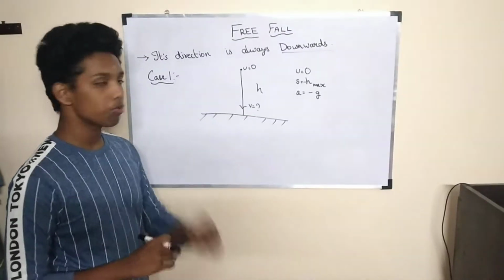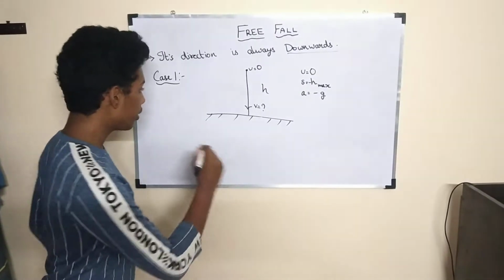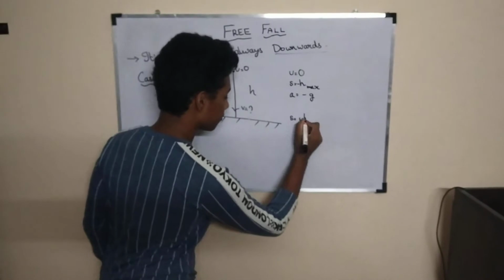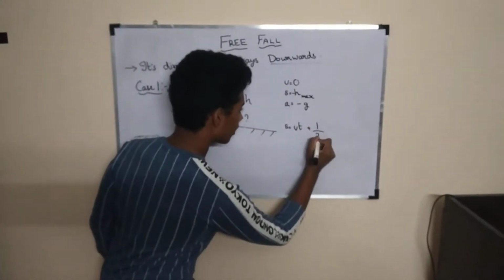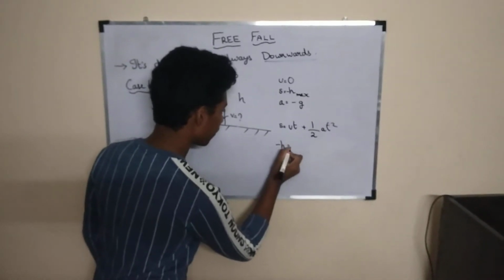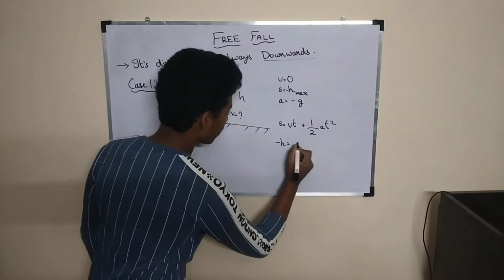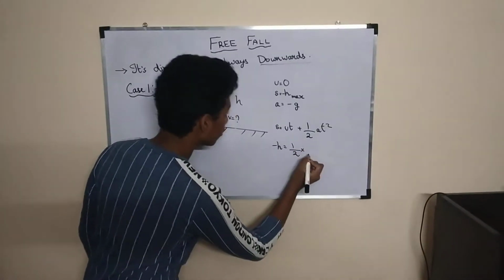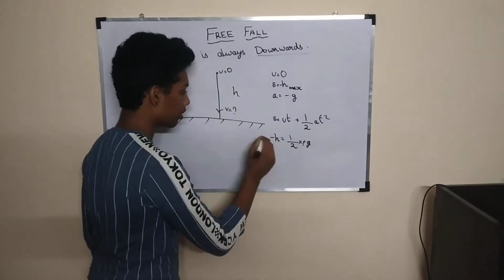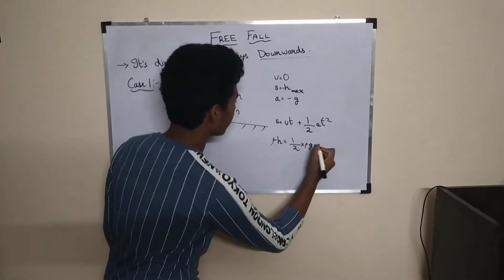What equation of motion would you use in this case? I would prefer to find out time. You can use s equal to ut plus half at square, which is the second equation of motion, right? Here s is minus h, ut is 0 times t which gives 0, so half at square gives half into minus g times t square.